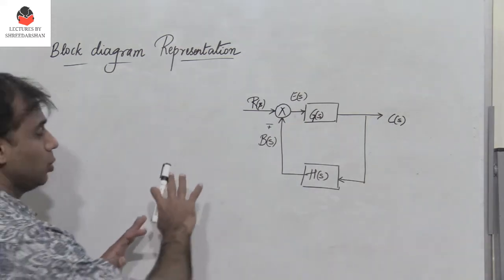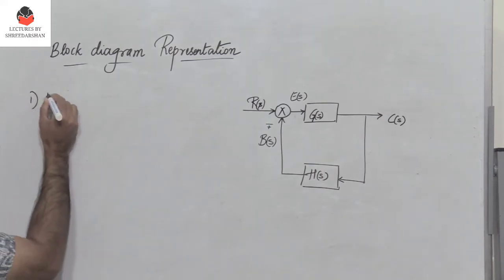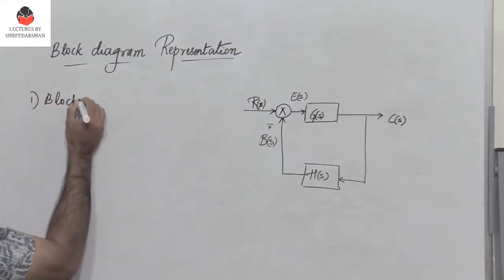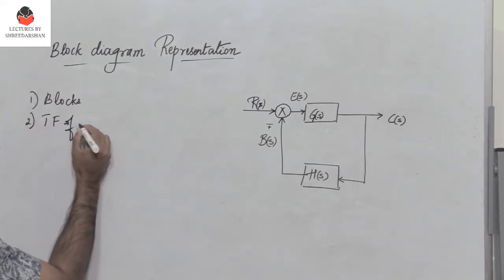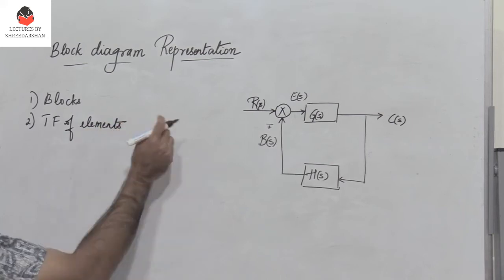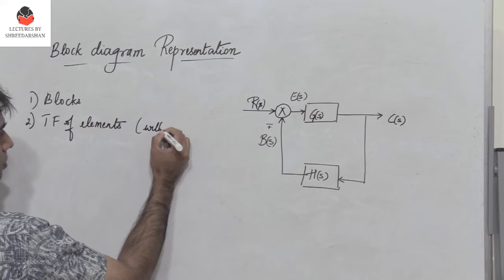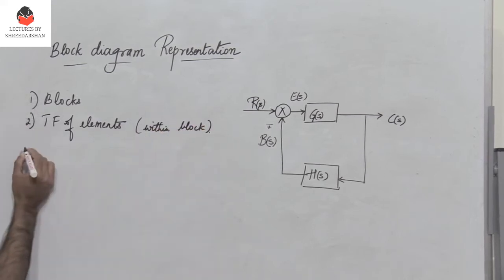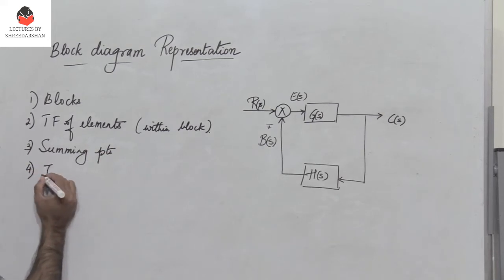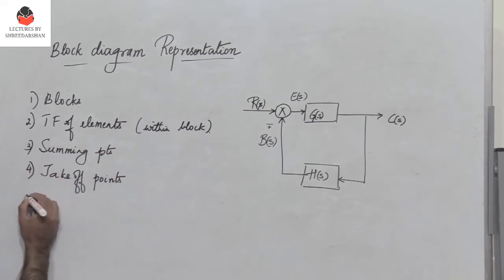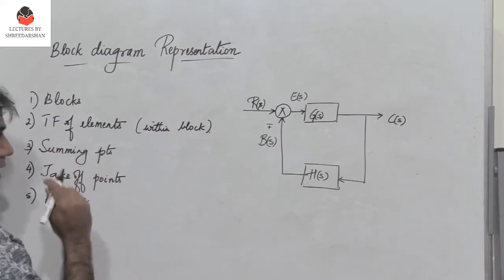So any block diagram will have these features: first, blocks; second, the transfer function of elements shown within the block; then the summing points; the takeoff points; and the arrows which indicate the direction of the flow of signals.